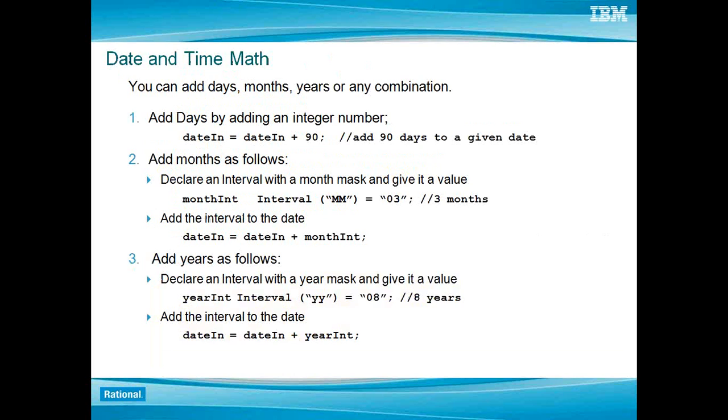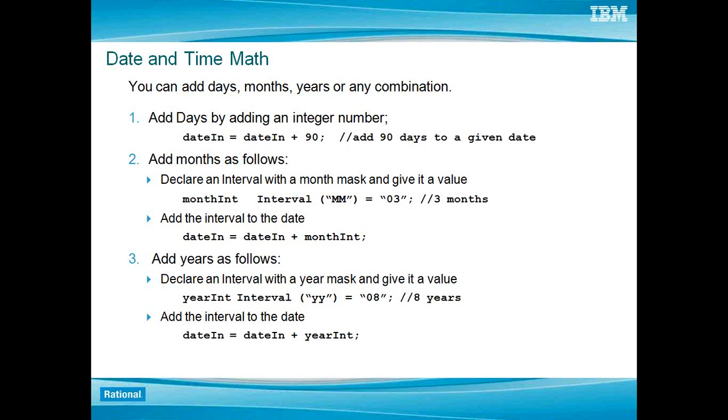Here we have an example. If you see, we have created a date in, and here we are adding a 90 value. Here it's adding 90 days to our date. For example, if this dateIn variable is storing today's value, now by executing, it will represent 90 days ahead of today's date.